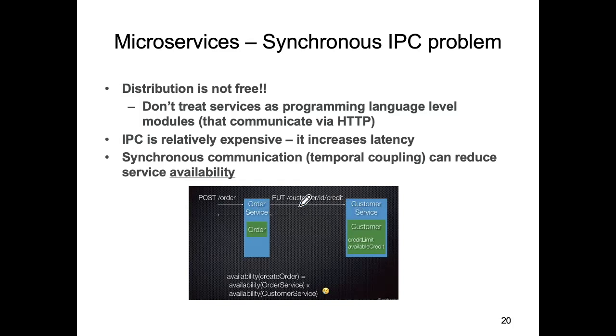So if we just take the simple scenario here of two services, then the availability metric for this service is equal to the availability of that service itself multiplied by the availability of the service that it depends on. And clearly that's going to reduce the availability metric for this one if it's being influenced by another service. We'd like the availability of this service to be purely measured in terms of how frequently the service is up and running.